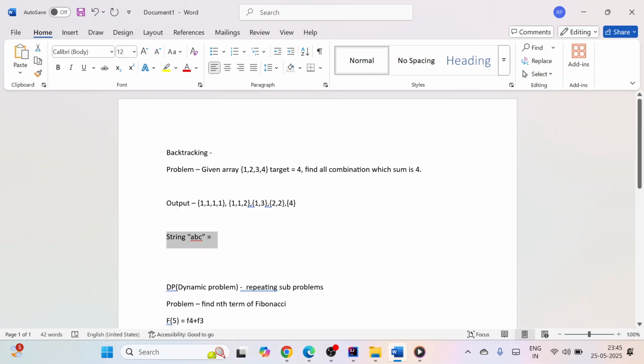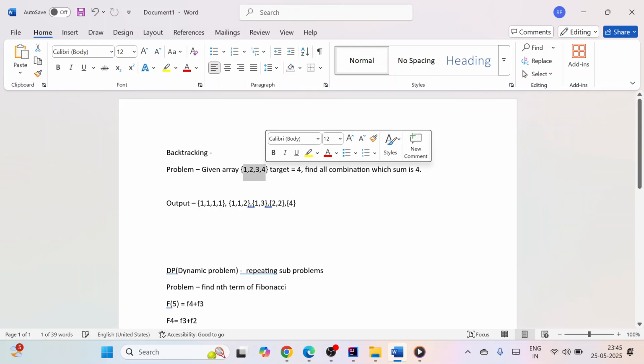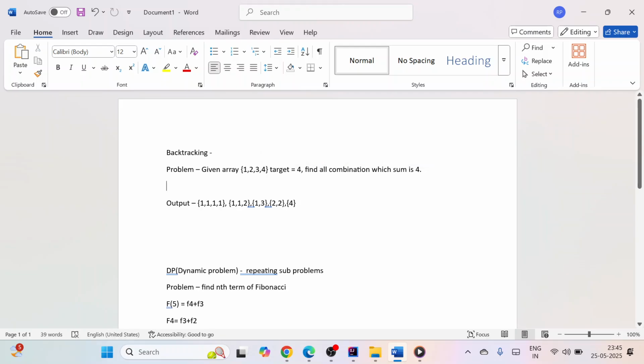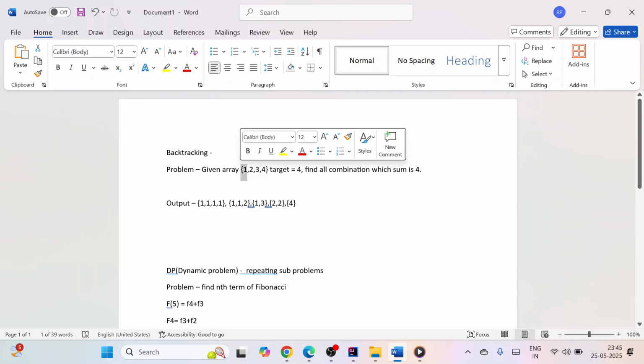So let's take the first problem. Once you get these kind of problems, what are you thinking? If you are going ahead and putting a loop, once you cross i equal to 0, you cannot go back because the iteration will go ahead. Then you have to put multiple loops to go back and see all the combinations for each.